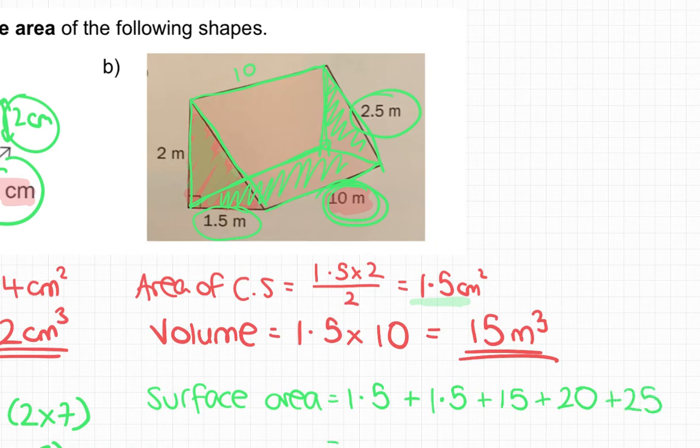And then to get my surface area, I just double check. I've got 1, 2, 3, 4, 5 things there all added together. I've got 5 faces of my shape. 20 plus 25 is 45, plus 15 is 60, plus 1.5 plus 1.5 is 63 meters squared. So it's an area, so it's squared for the surface area.